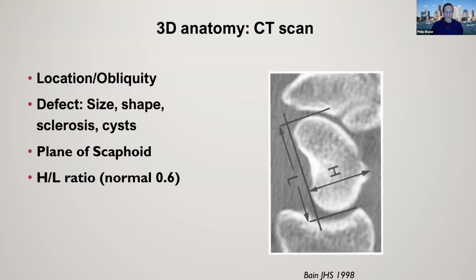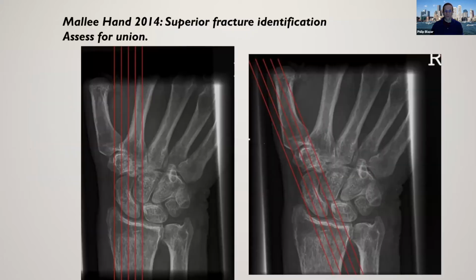And I certainly still like to use the height-length ratio on CT, although it can be calculated on plain X-rays and intraoperative fluoroscopy. And this is an image from Greg Bain's paper of almost 25 years ago, describing how to use that height-length ratio. The normal on CT is about 0.6.